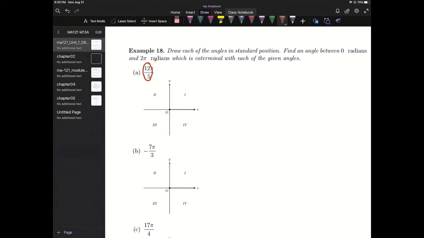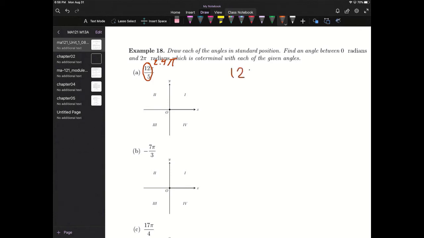If you divide, this is 2.4 pi, so beyond 2 pi. So you want to bring it down to something less than 2 pi. So you subtract 2 pi from what you have, get the answer, reduce the fraction if possible, and that will be an angle between 0 and 2 pi.